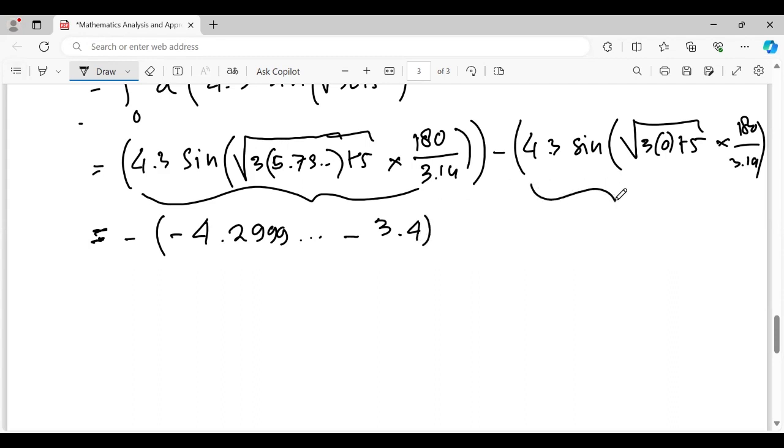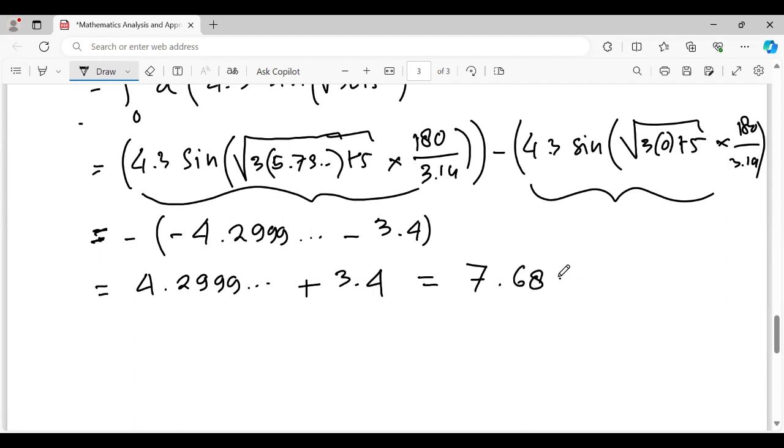So this calculation, I'm going to write in 3.4. So it's going to be 4.2999 and so on, plus 3.4. So it is 7.68 meters. This is the solution.